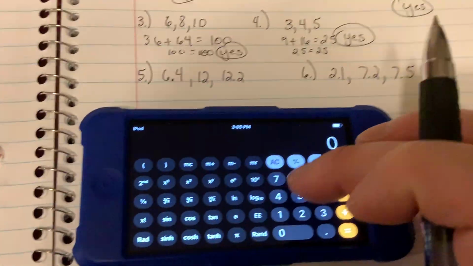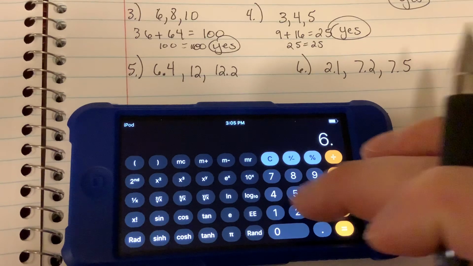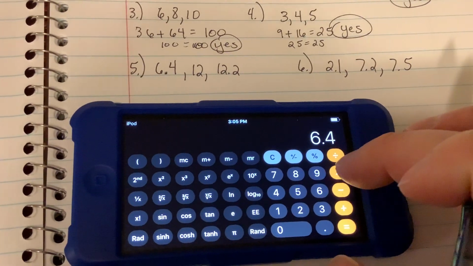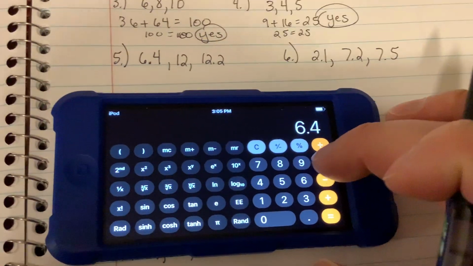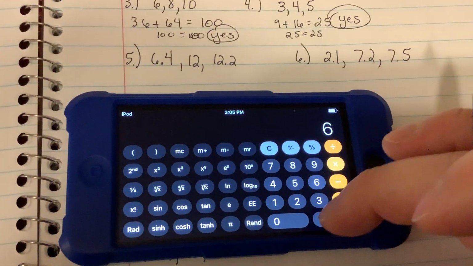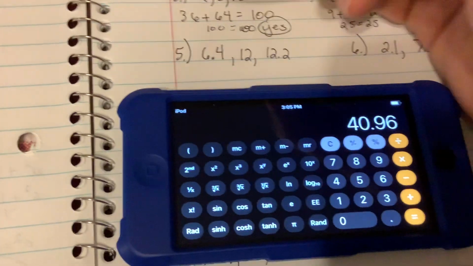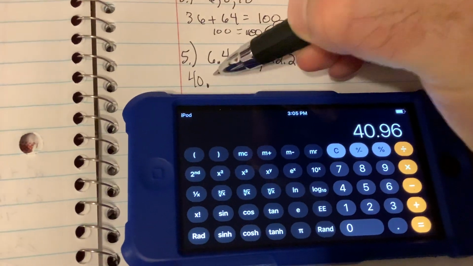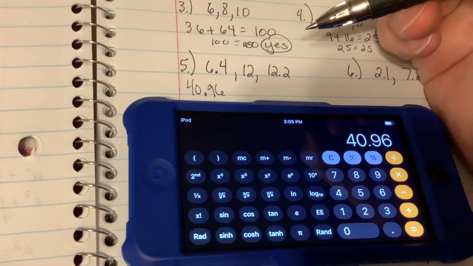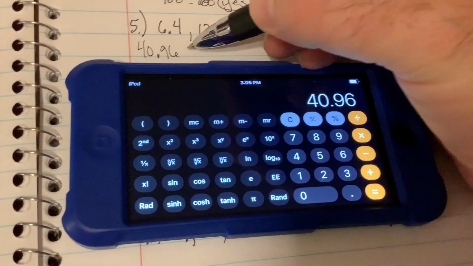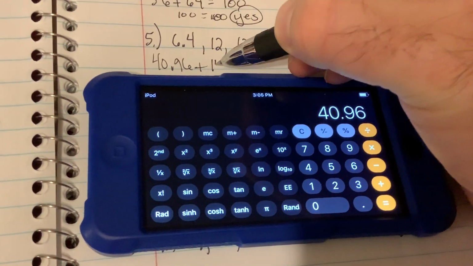If I'm squaring 6.4, I can put in 6.4 times 6.4. And that's going to be 40.96. That's a squared. And plus, this is 144.